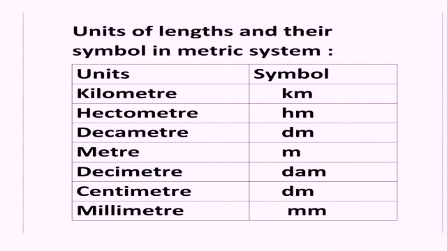And every unit has an abbreviation. Like kilometer, we can use the short form km in small letters. Hectometer, hm. Decameter, dam. Meter, m. Decimeter, dm. Centimeter, cm. Millimeter, mm. So, you have to remember this list.